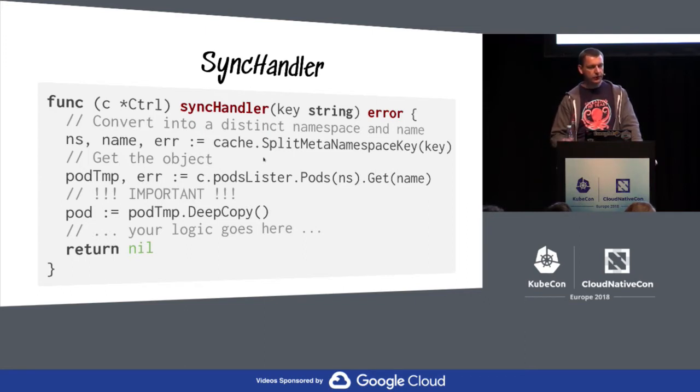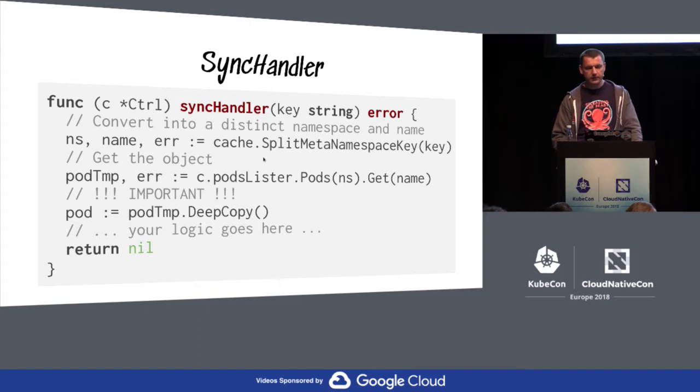You're getting a pointer to the cache object, which means if you're just reading the object, you're fine, you don't have to do anything. If you want to modify the object, you need to invoke deep copy on the object. That was purposely done for the controllers, but every single controller writer has to remember that.